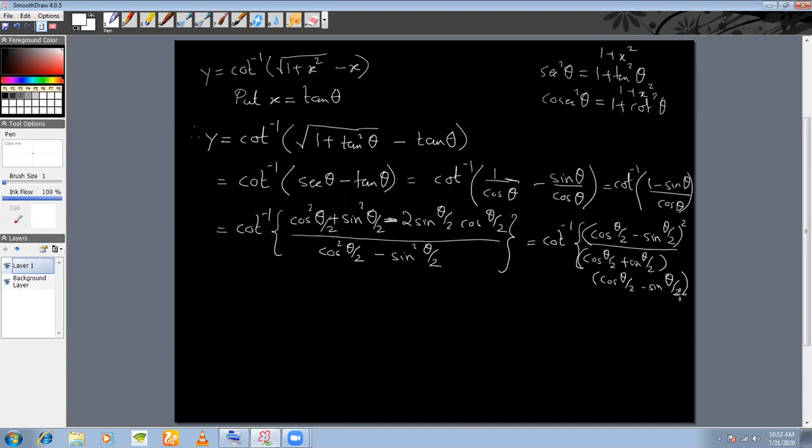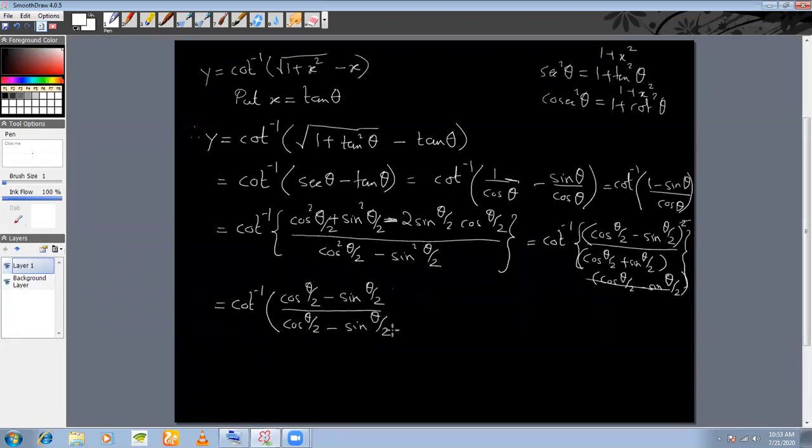So what happens? One power will cancel here. Simply left with cot inverse of cos theta by 2 minus sin theta by 2 divided by cos theta by 2 plus sin theta by 2.